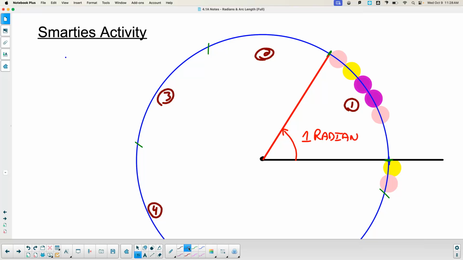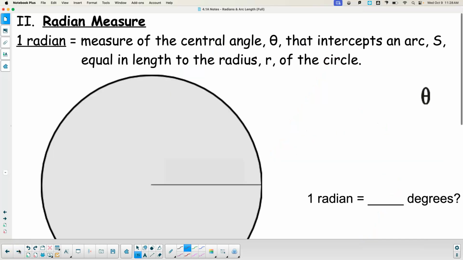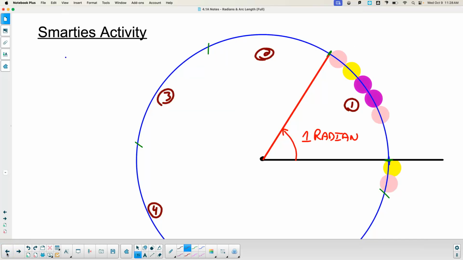Yes. That angle there is equal to 1 radian. Now I've got to see if it's on the next slide or not. Yep, okay, it is. Perfect. So that angle there is 1 radian.